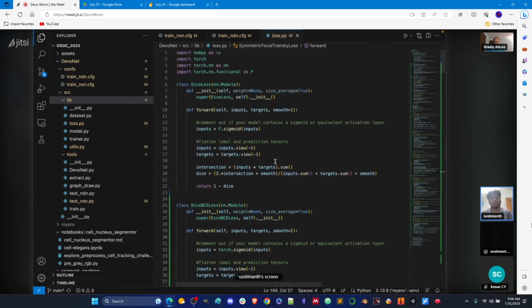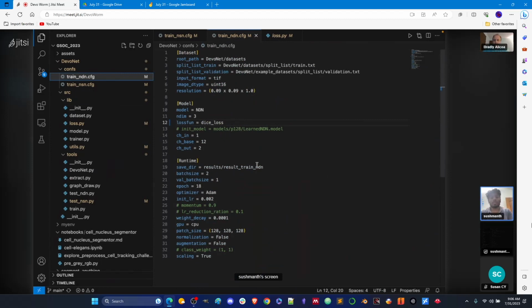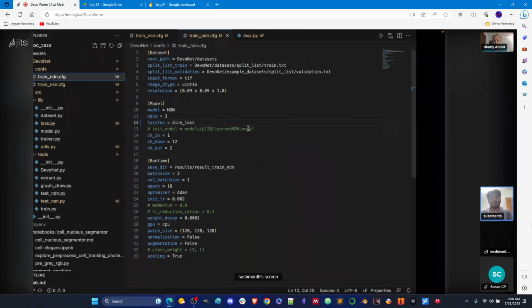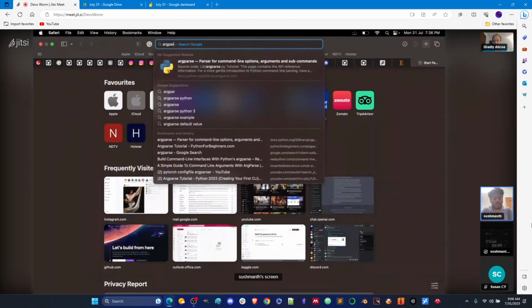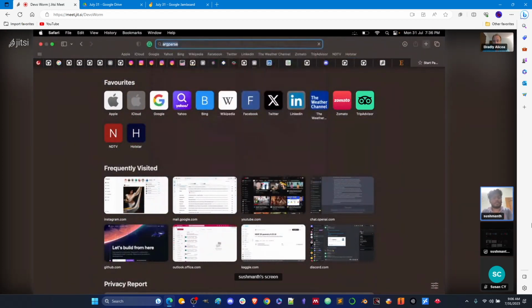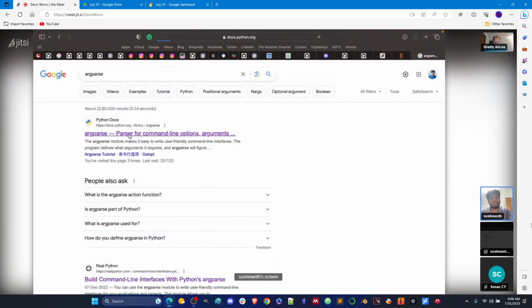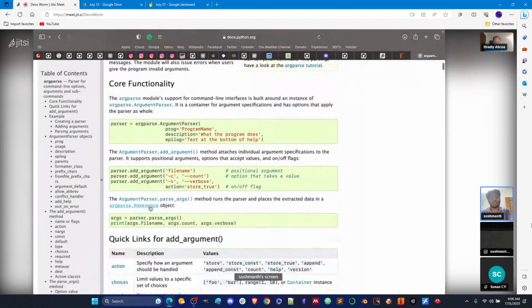I'm adding the project structure in this way. All parameters will be taken from one file and those will be used in the code directly. No one needs to run terminal commands. I am using the argparse library, a Python library used for command line arguments.